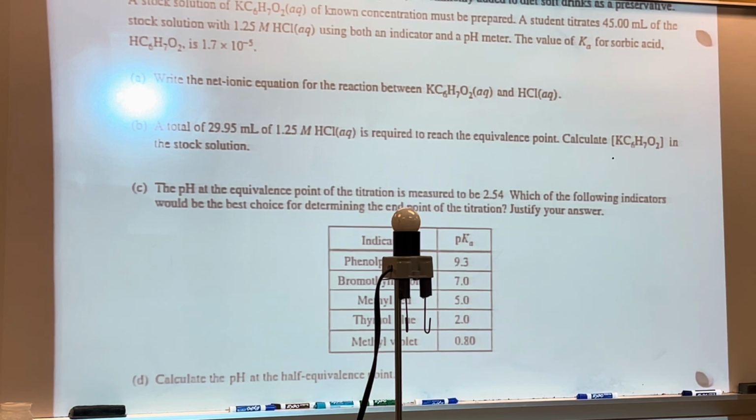Go ahead and see if you can do B as well. And you've got all that space below it, so you don't necessarily have to cram it into the little space that's given for B. There should be enough space.